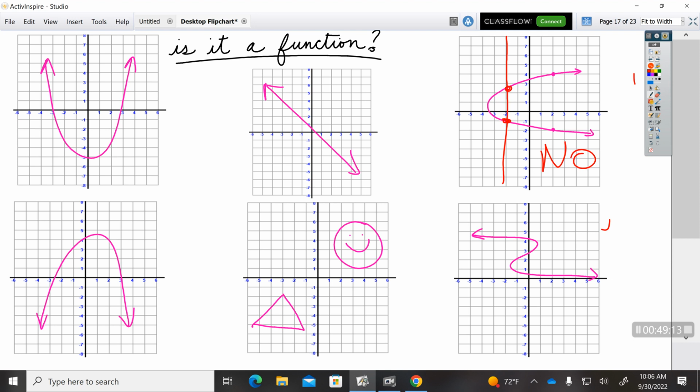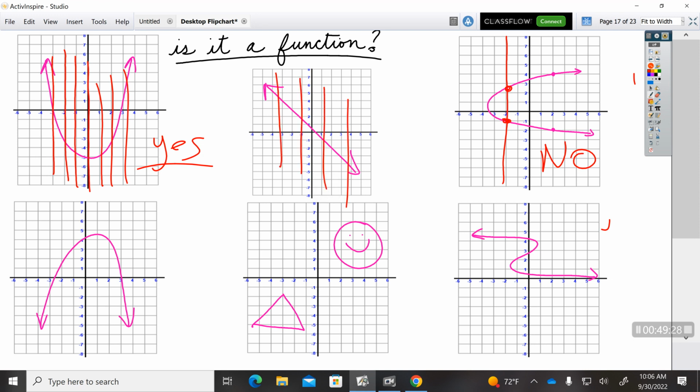So let's do the rest very quickly. This is a U. Is it ever going to touch twice on a vertical line? No. So this one is, yes, a beautiful function. Will that ever touch twice? So that's a yes. Also, common sense tells you a line is always a function.